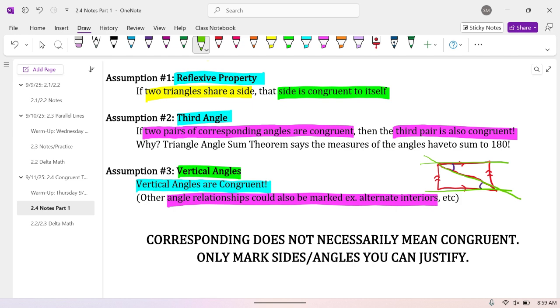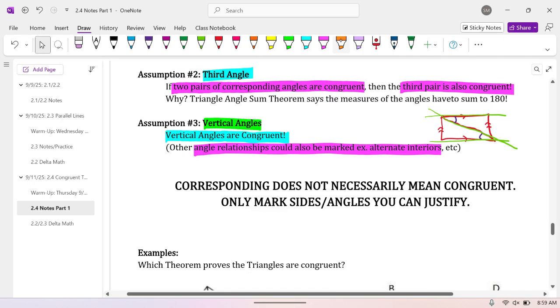All right. Just something to think about because that may be thrown your way. We can assume that those two angles are congruent because of what we know about alternate interior angles and parallel lines. And once again, I already said this, but corresponding does not necessarily mean congruent.